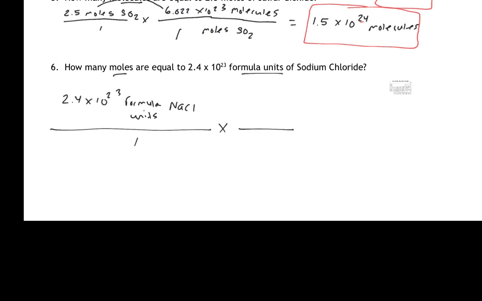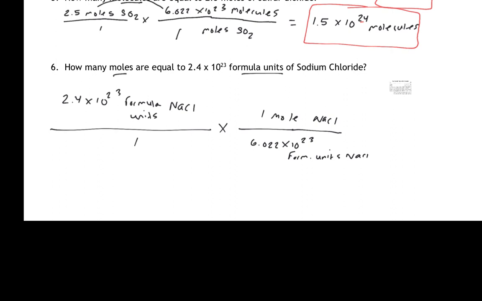And then there's 6.022, which is Avogadro's number, times 10 to the 23rd formula units of sodium chloride in 1 mole of sodium chloride. So if you had a mole of sodium chloride, you would have that many formula units, but let's see what you have here.